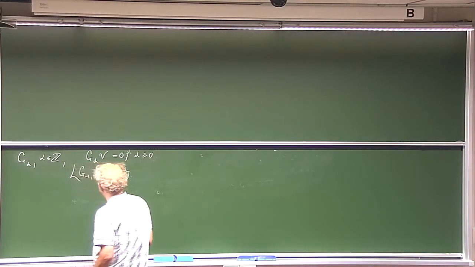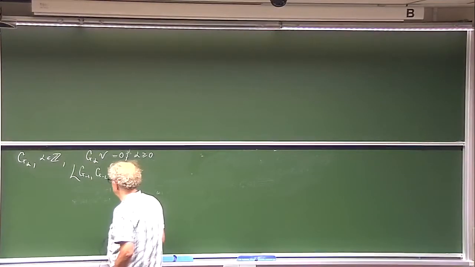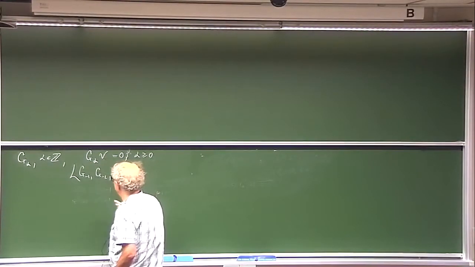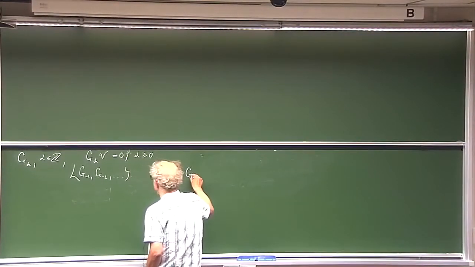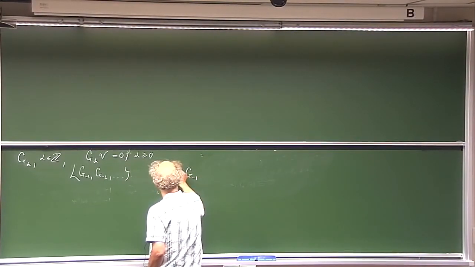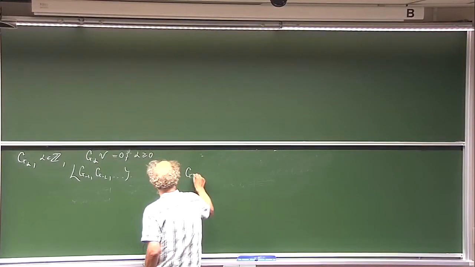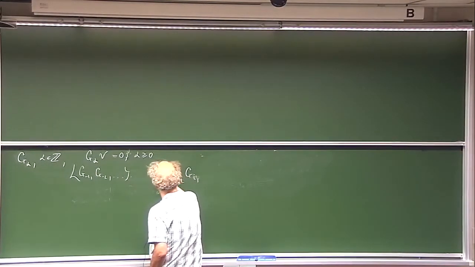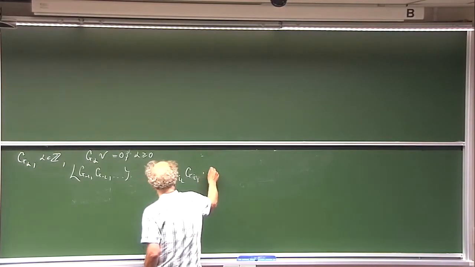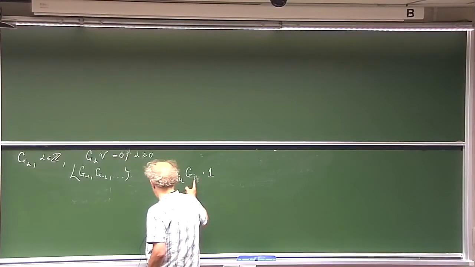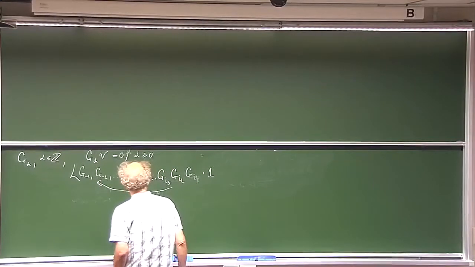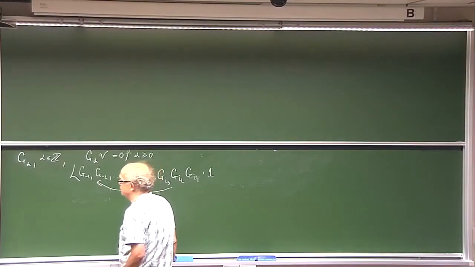And the corresponding space which I generate, what is this? It is the vacuum vector, but also G_-1, G_i1, G_i2, G_i3, and so on, times the vacuum vector. All the i's here are negative, and it will be some space.